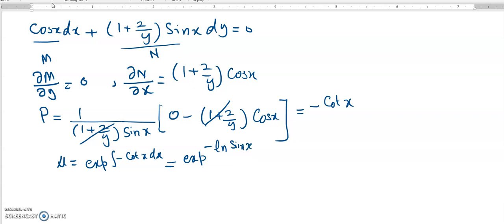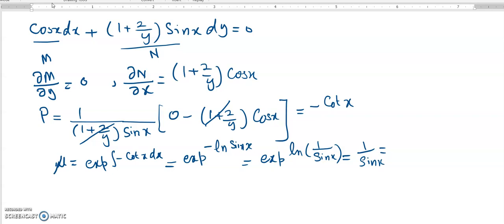We can take the minus inside the log, so it will be log of sine x power minus 1. Now exponent and log cancel, so we are left with 1 over sine x, or cosecant x.